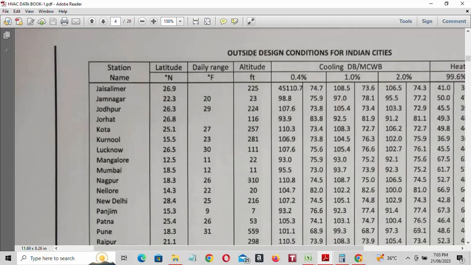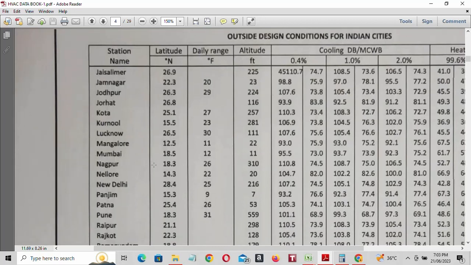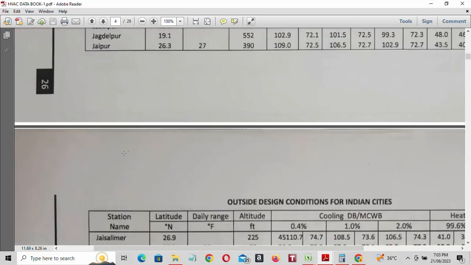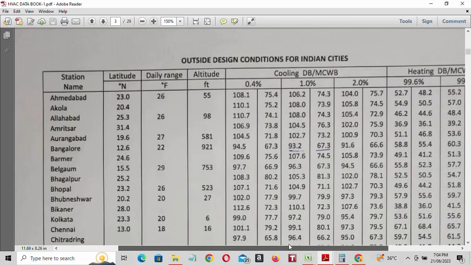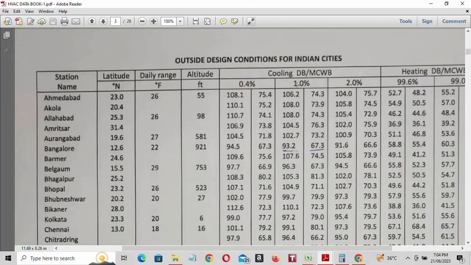So this is the outside design condition for Indian cities. Our location is Bangalore. For Bangalore, latitude is 12.6, daily range is 22, altitude is 921, and this is the outside temperature.